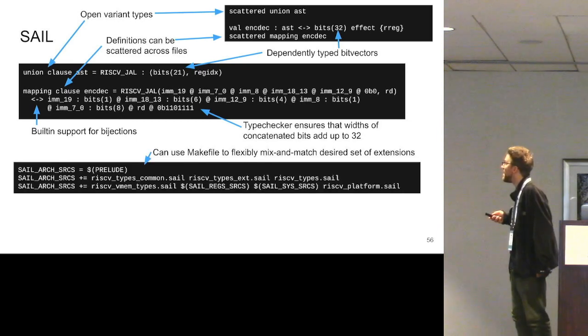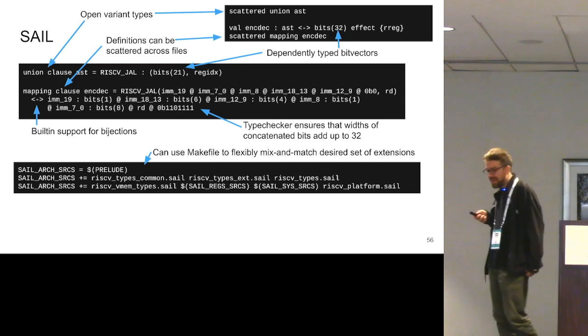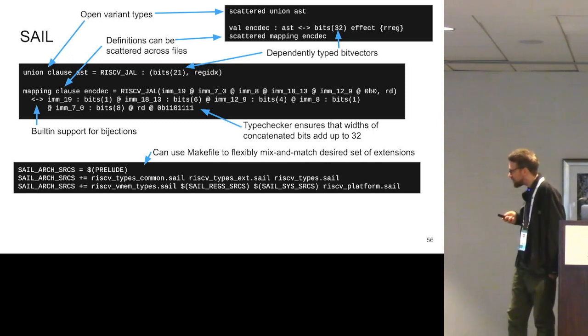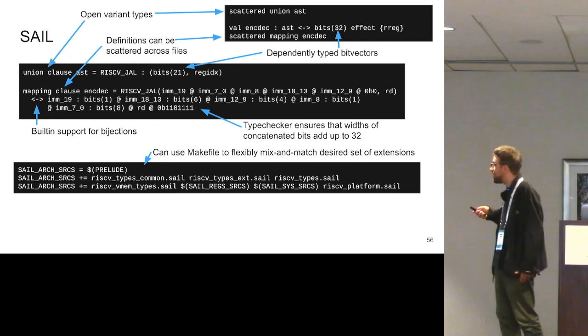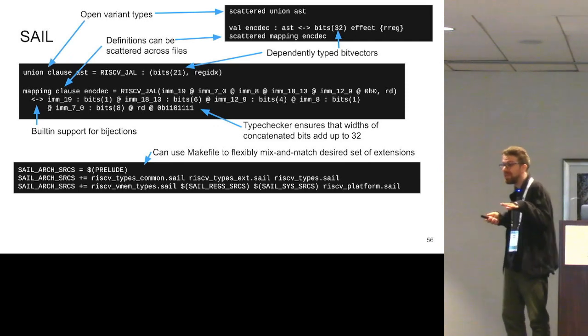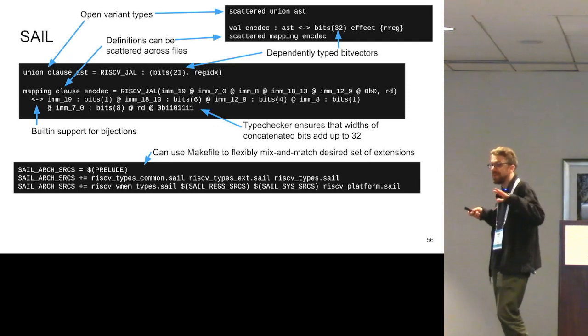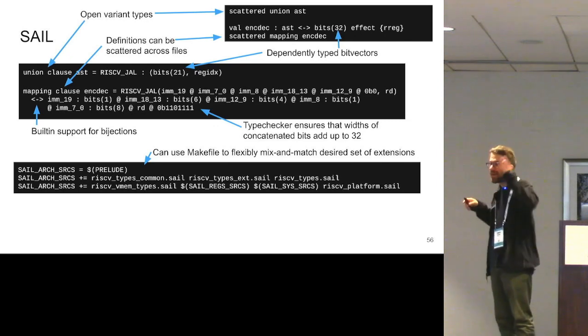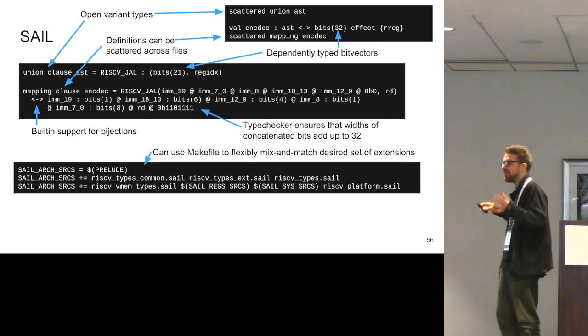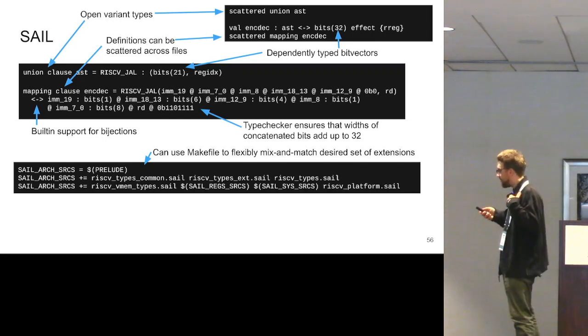And then it's also pretty flexible in the sense that each instruction is usually in its own file, and then on the level of the makefile, you can define a few make variables which tell you which instructions you are interested in. You can pretty flexibly mix and match the instructions you actually care about for your custom specification.